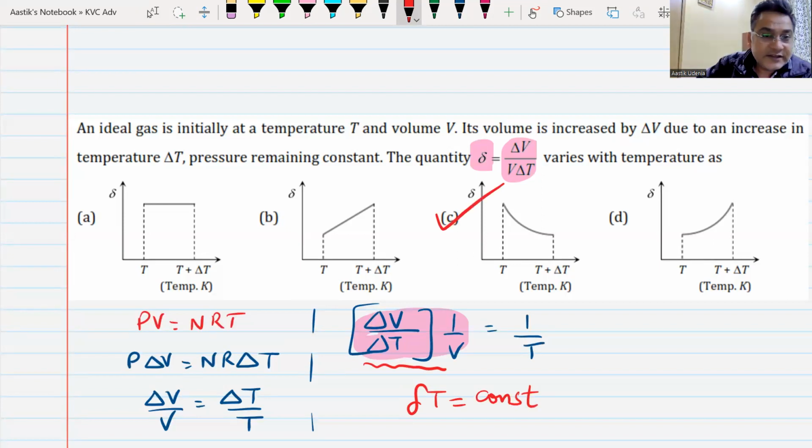And the answer is C. Do we understand this? Yes or no? You understand this?